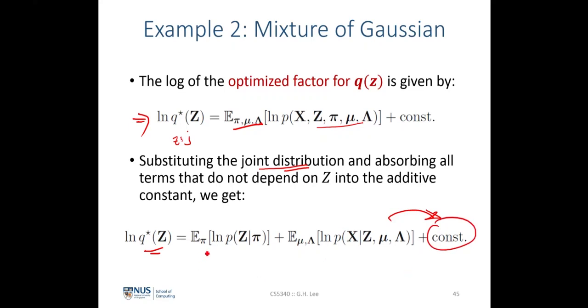What remains would be simply the terms that are dependent on z. So we can see that there's z in these two terms, where the first term is the expectation over q of pi and the second term is the expectation over q of mu and lambda.